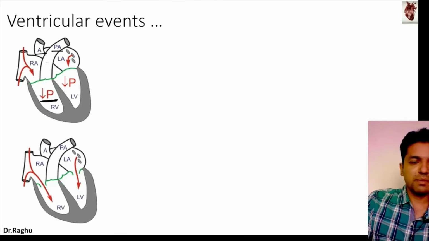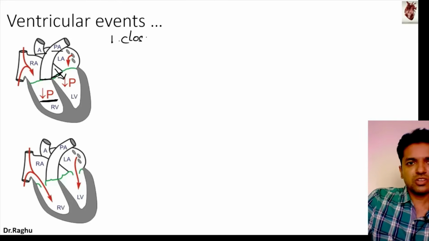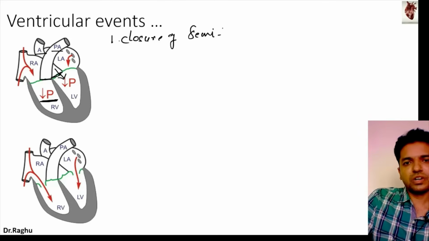Because of this high pressure, there is a chance that the blood from the pulmonary artery and the aorta can seep back into the ventricles. To prevent this, there is closure of these valves. So which are these valves? There is closure of both the semilunar valves.